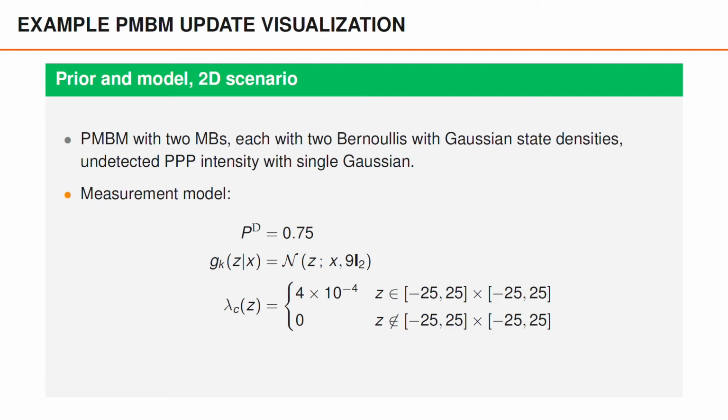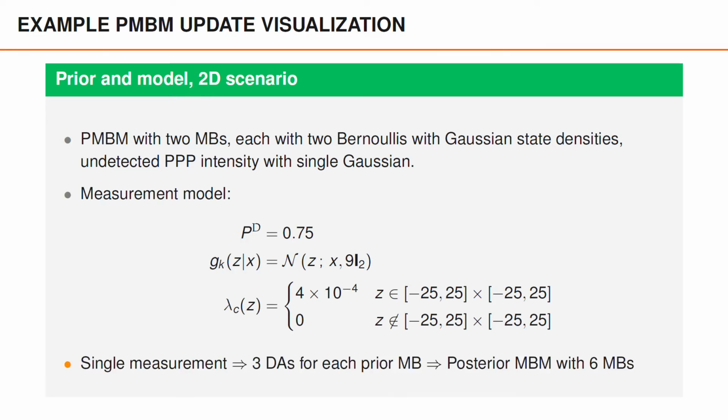The measurement model is Gaussian with noise covariance 9 times an identity matrix, and the clutter intensity is 4 times 10 to the power of minus 4 in the surveillance area and 0 outside. And in this example, we have just a single measurement. So for each prior multi-Bernoulli, we will have 3 data associations, and thus we get a posterior multi-Bernoulli mixture in the posterior Poisson Multi-Bernoulli mixture density that has 6 multi-Bernoullis.